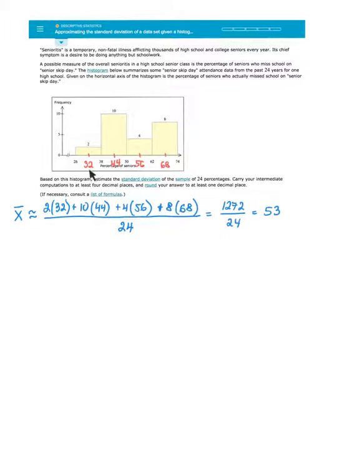So 2 times 32 plus 10 times 44 plus 4 times 56 plus 8 times 68. Now this entire sum has to be divided by the total number of percentages, 24, to get a sample mean estimated at 53. We say it's estimated because we are using midpoints of each class to compute it.